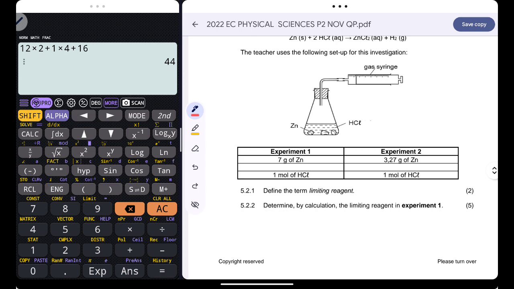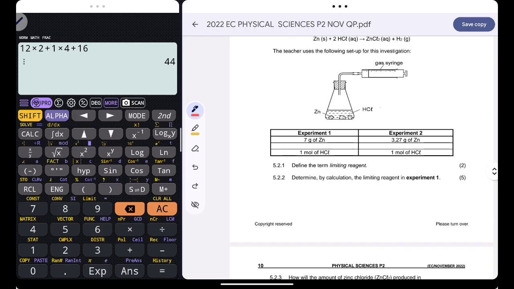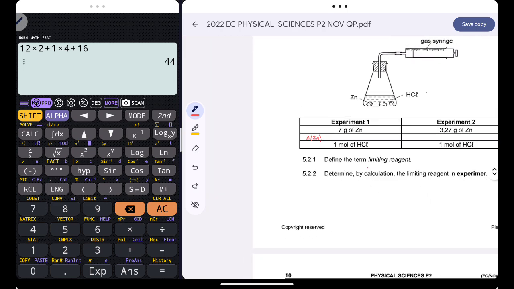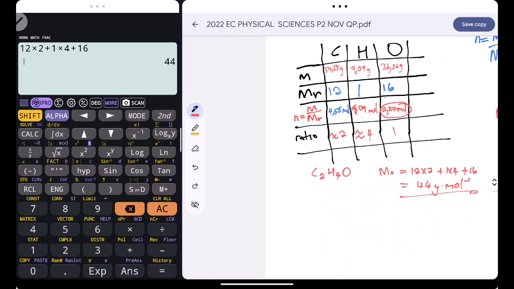Right, together. And then question 5.2.2, we are asked to determine by calculation the limiting reagent in the first reaction. The first thing I need to do is to calculate the number of moles for zinc, because I do have the number of moles for the acid, right? The number of moles for zinc, I know that number of moles is always mass over the molar mass, right?